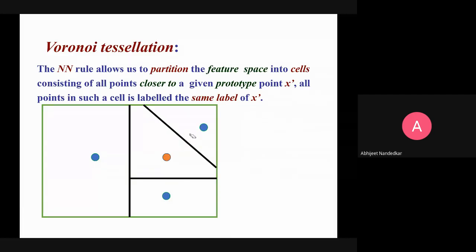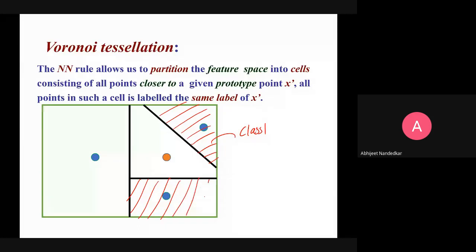So every time I add one sample, one prototype, there will be a new zone formation for the respective class. Any sample that falls in that zone will be classified as class 1. So this complete zone is again class 1.